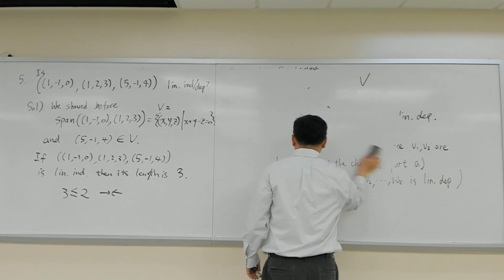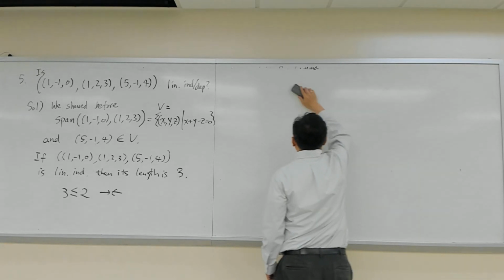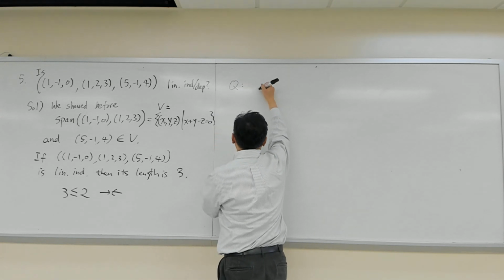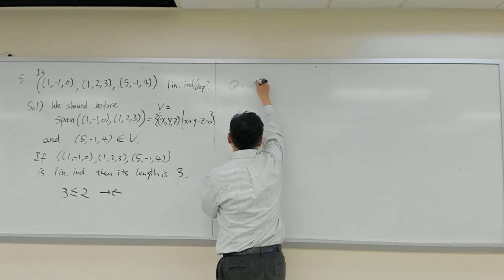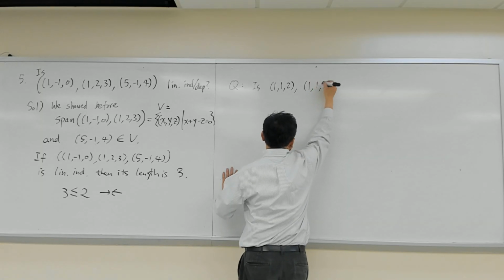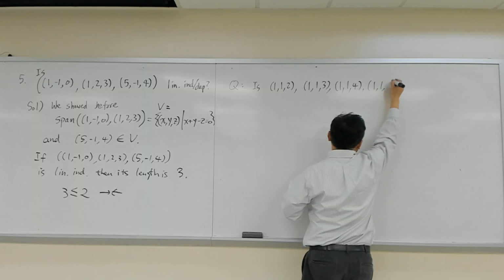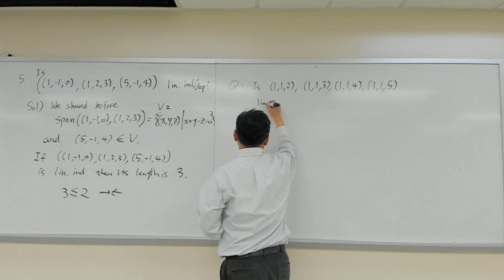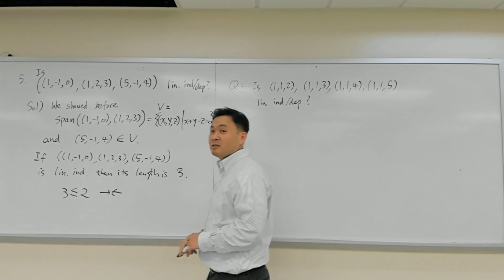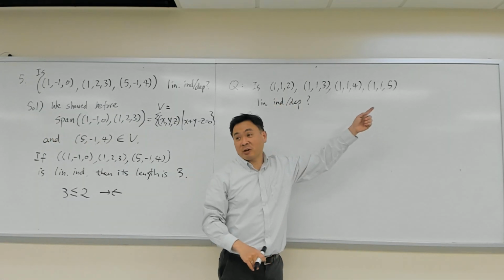Okay, so that's one thing. Well, another simpler example is this question. Is 1, 1, 2, 1, 1, 3, 1, 1, 4, and 1, 1, 5 linearly independent or dependent? Well, they are all in dimension what?